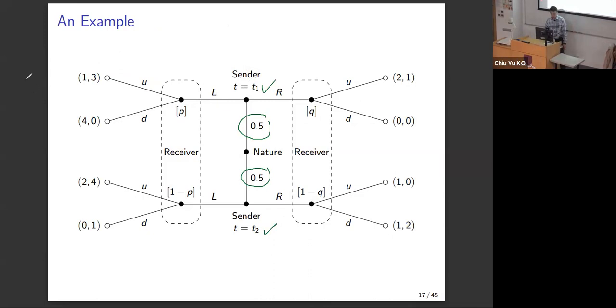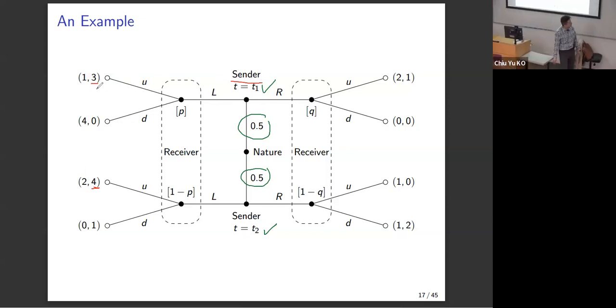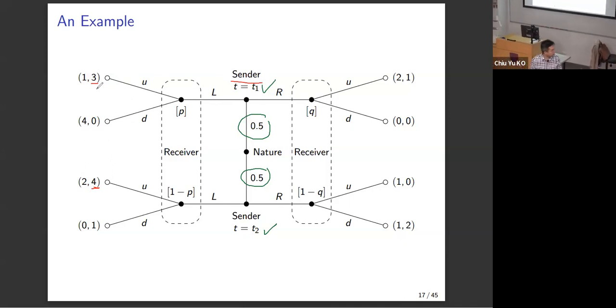if the sender is type 1, you actually prefer up, right? Because the sender is pair 1, receiver pair 2. The receiver wants up. No matter what the sender does, if there's L, I want up, to the sender.